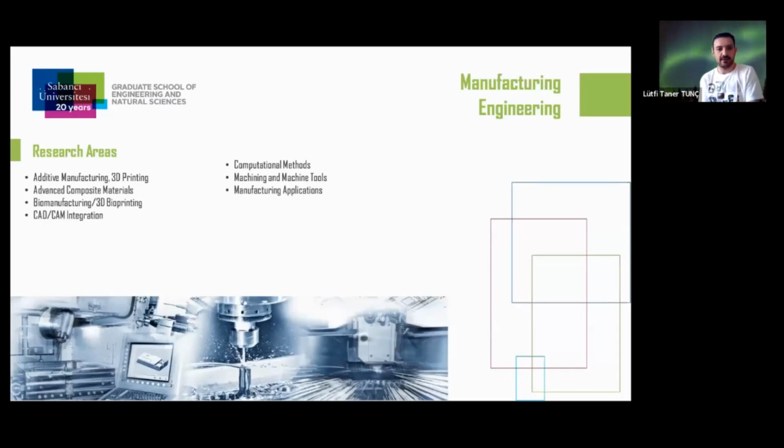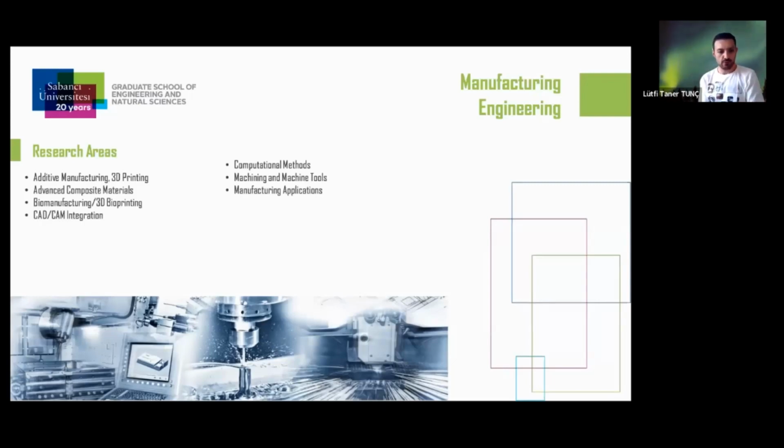So the idea in manufacturing engineering is utilizing different kinds of manufacturing systems and processes to realize, for example, the dream of a designer, because on a 3D screen, it is still not real. It is just a design. Then we want to convert this design into real working systems, real working parts, for example.